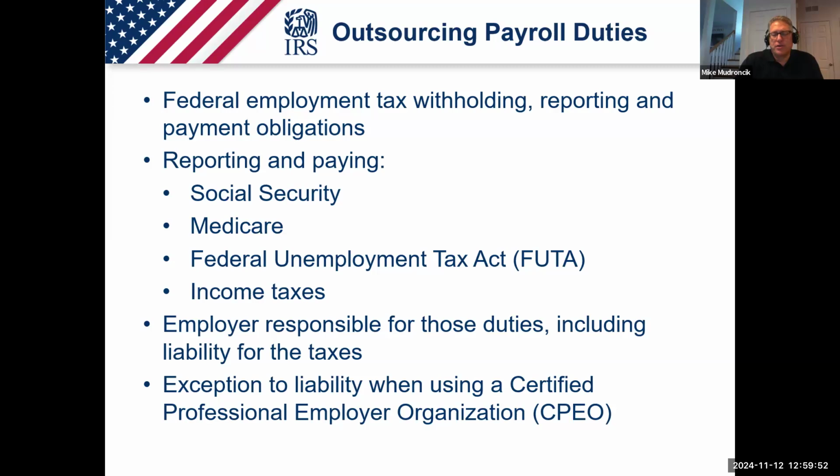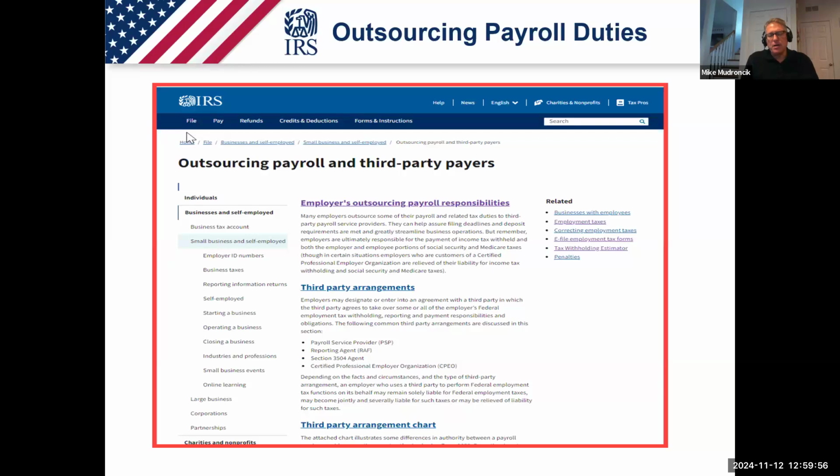So let's talk about the resources that are available for you. At irs.gov, you can find this site, Outsourcing Payroll and Third-Party Payers. You can see the links, employers outsourcing payroll responsibilities, to give you information to help you understand what you should be looking for when making these important decisions.